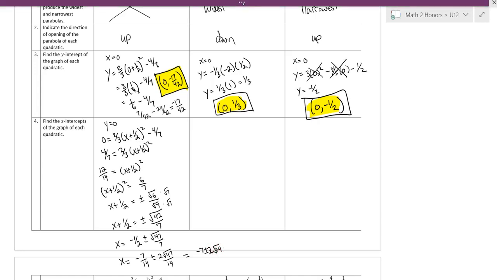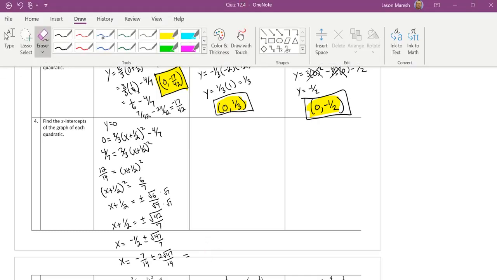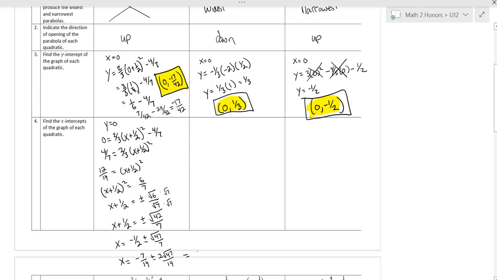Let me clean that up. So negative 7 plus or minus 2 root 42, all over 14.